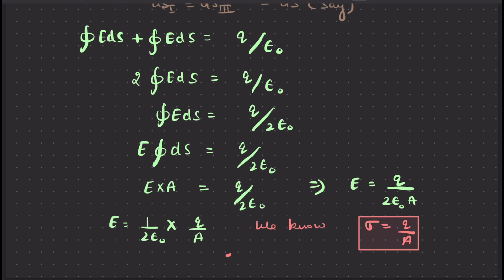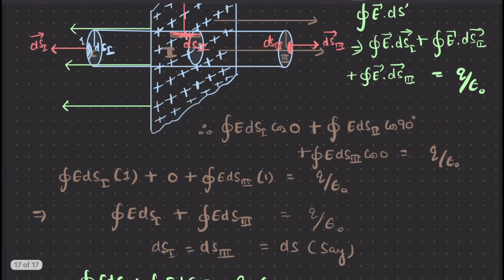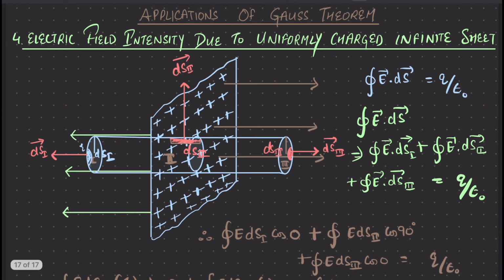Therefore the electric field intensity due to a uniformly charged sheet is 1 upon 2 epsilon naught times sigma, or E is equal to sigma upon 2 epsilon naught, which is the required expression for the electric field intensity due to a uniformly charged sheet. I hope you have now understood this article, how we can implement Gauss theorem in order to find the electric field intensity due to a uniformly charged sheet.